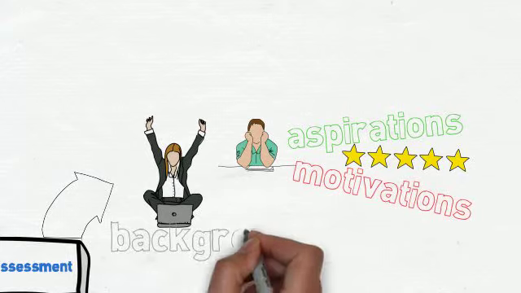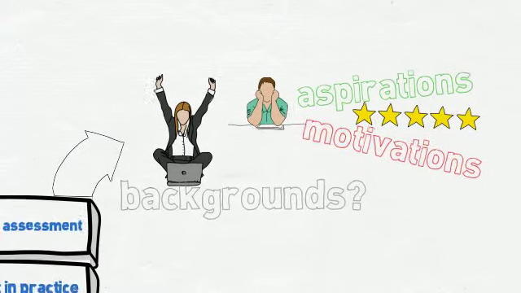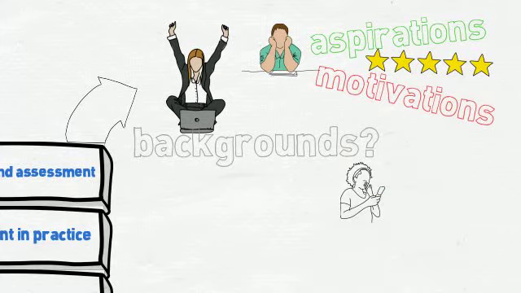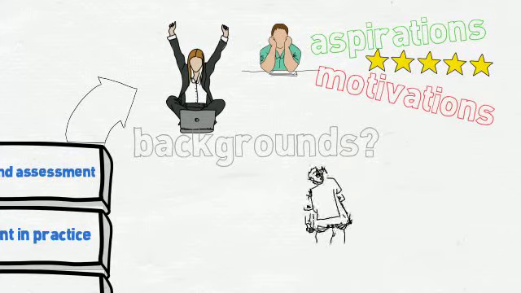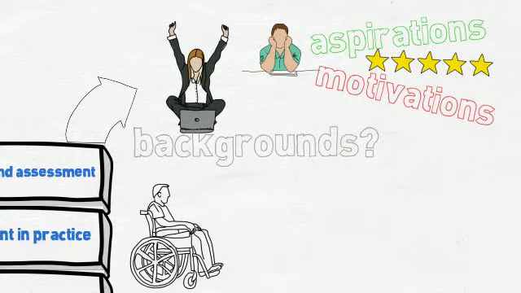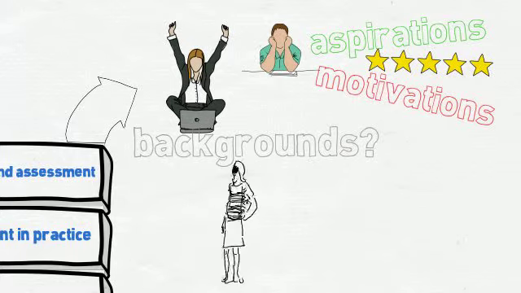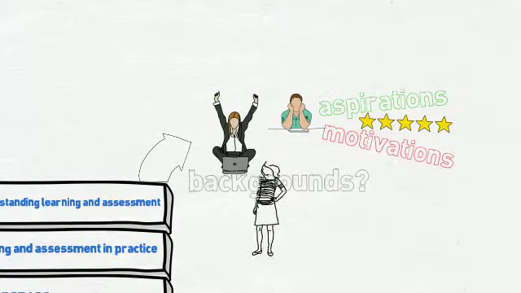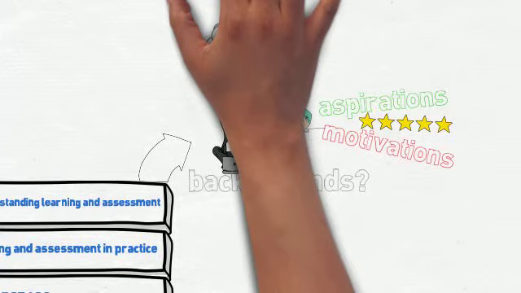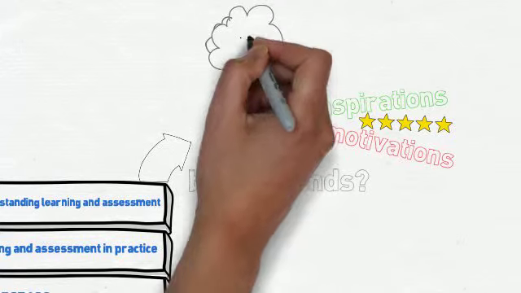Also, you'll give a brief description of the backgrounds of the 2 learners, perhaps touching on things like socio-cultural background, perhaps also their economic situation, whether they have any particular barriers to accessing education, their familial responsibilities. In short, anything that might affect the way in which they're able to access education and to learn.